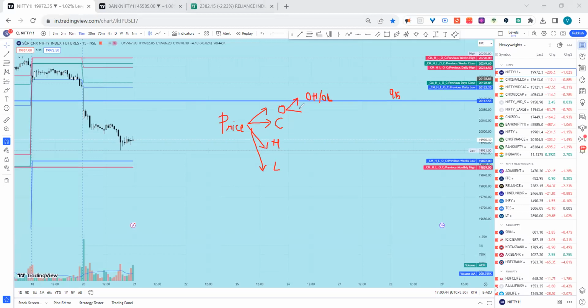Now, another simple concept related to open is something called strong open and weak open. In the thumbnail, I've mentioned that today's market is a weak open. What is meant by a weak open is, again, simple: if today's opening price is very, very much less than the previous day's closing price.